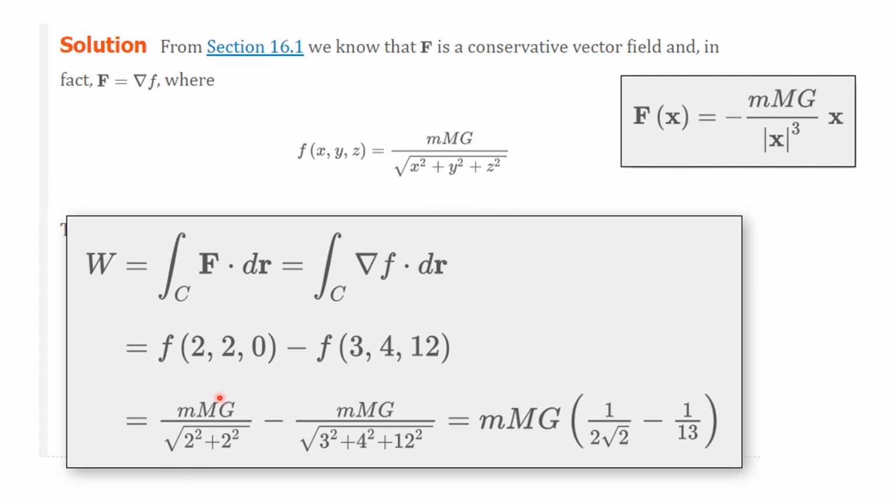That means that our theorem applies. And so we have f evaluated at (2, 2, 0), minus f evaluated at (3, 4, 12). So I plug in the numbers and I get m, g, which is just a big constant, and then I plug in these and I get these numbers. That is an exact answer.